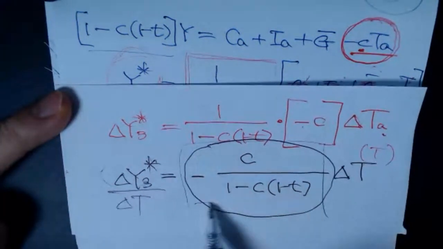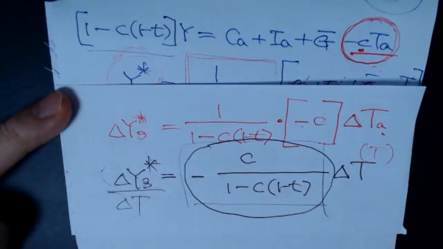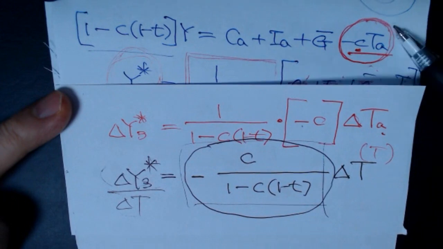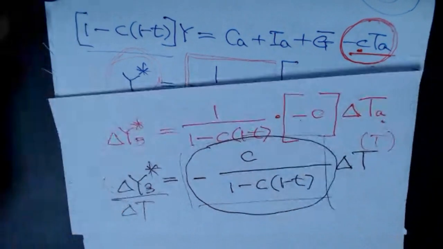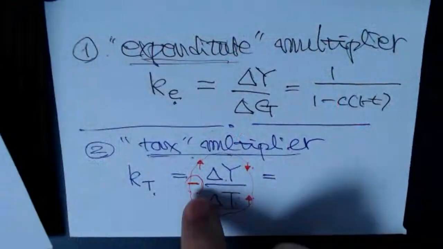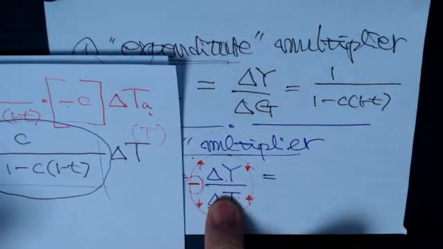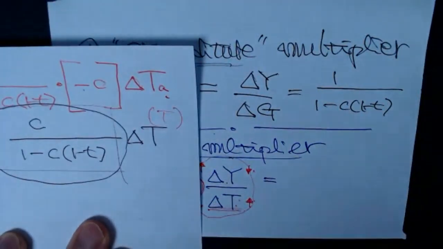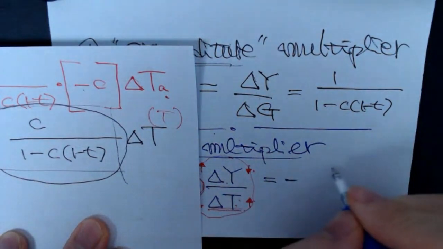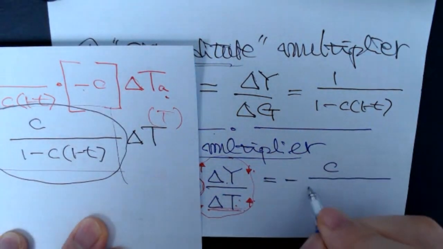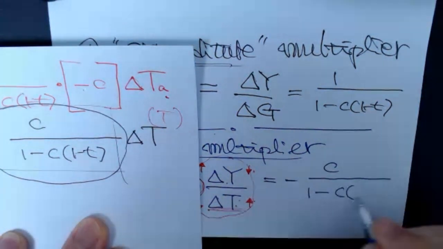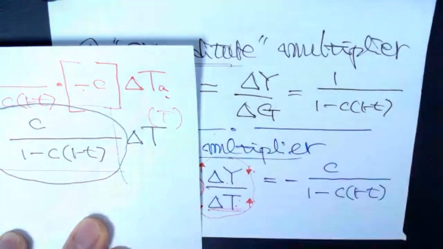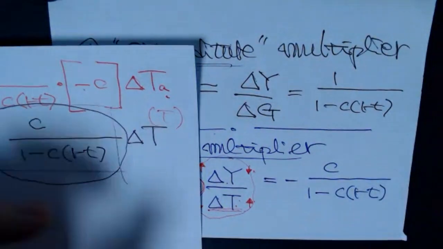So this is the tax multiplier. So the tax multiplier is minus C over 1 minus C, 1 minus T, like this.